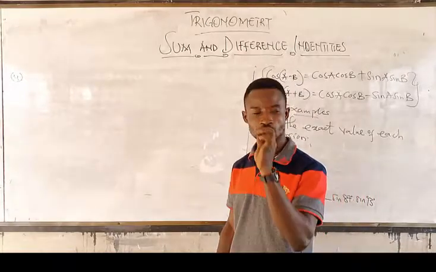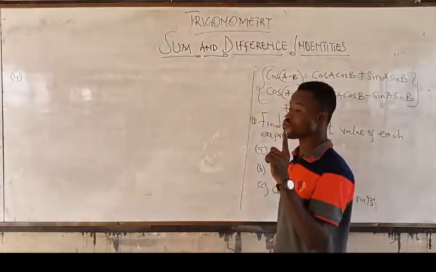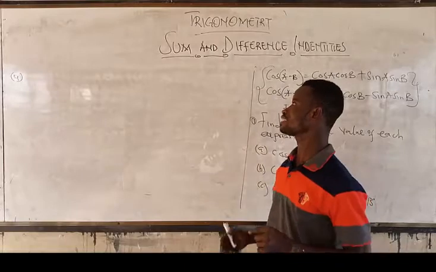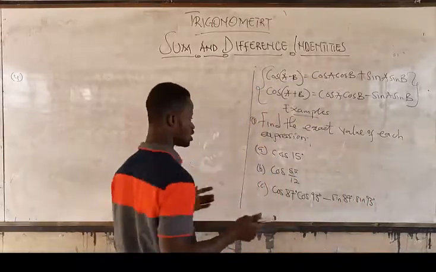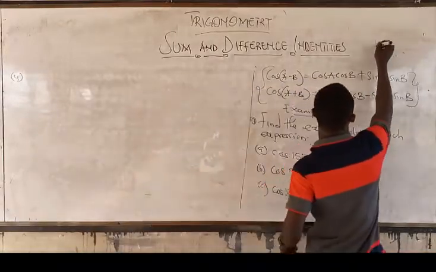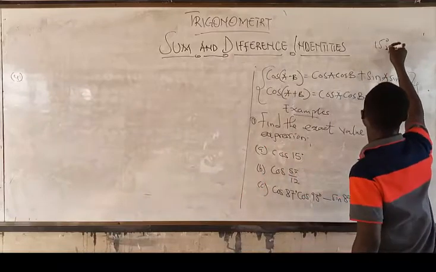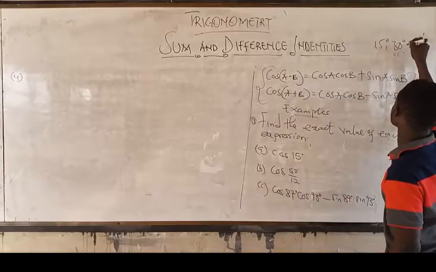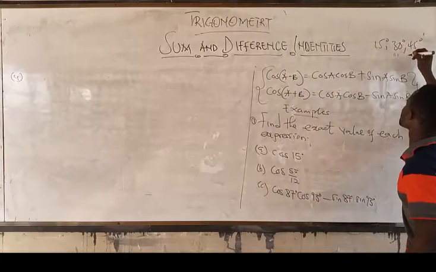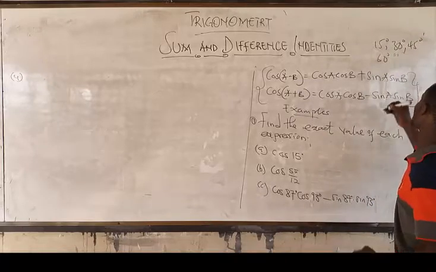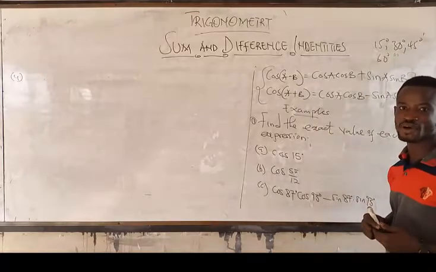That is, it should be a reference angle. A known function value like 30 degrees, 45 degrees, 60 degrees. These are known function values.